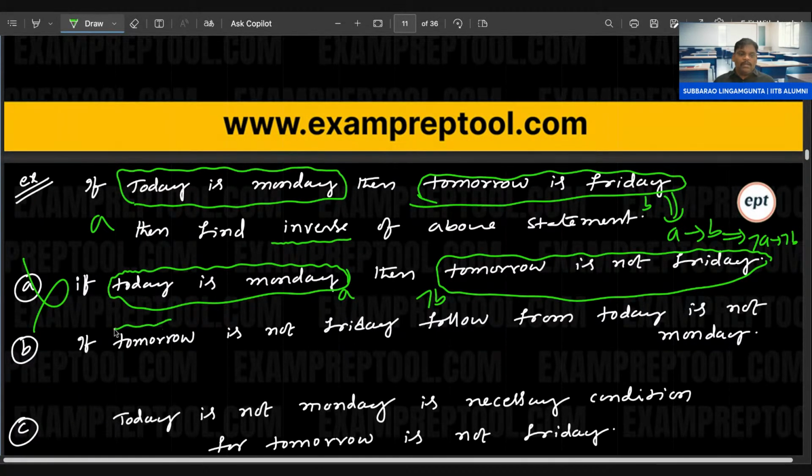Tomorrow is not Friday. Tomorrow is Friday is B, so not Friday means negation B. Tomorrow is not Friday follows from today is not Monday.